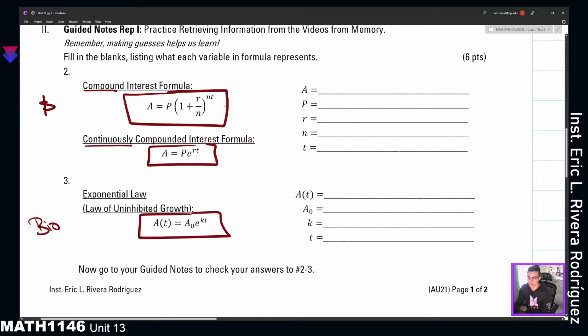Okay, before we go through why we have two formulas for the financial situation, let's talk about the meaning of each variable here. We are seeing A, P, R, N, and T. What do they mean?